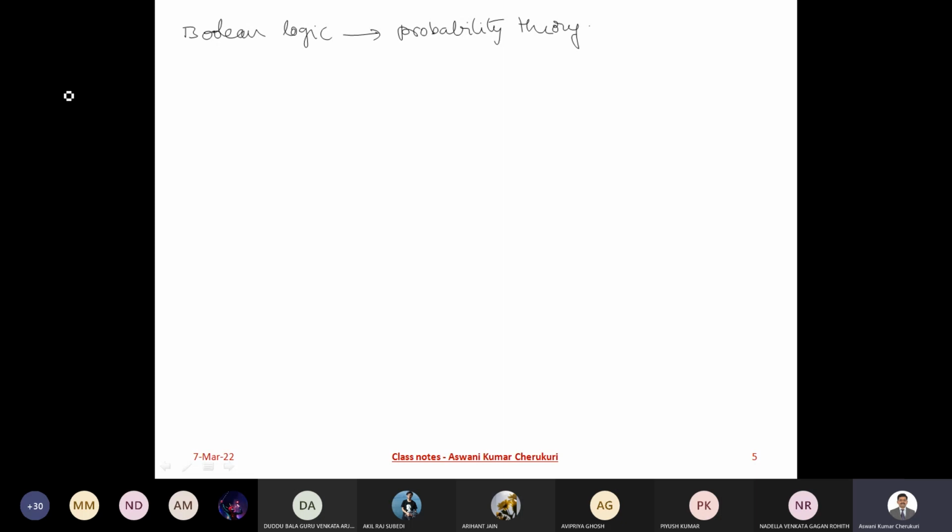For classical real world problems where we have uncertainty, we deploy probability theory. Whenever you are using Boolean logic, we still handle the uncertainty in our systems and applications. How do we do that? We do that using probability theory, right?